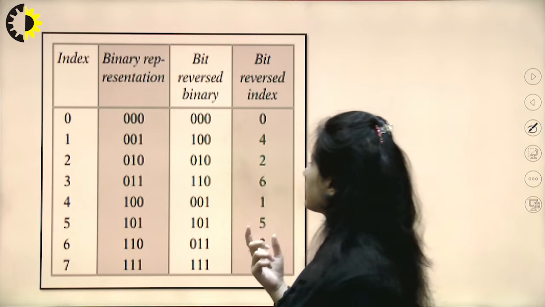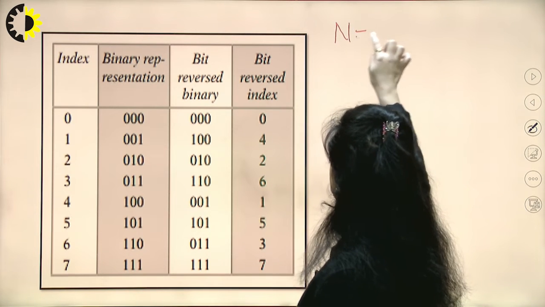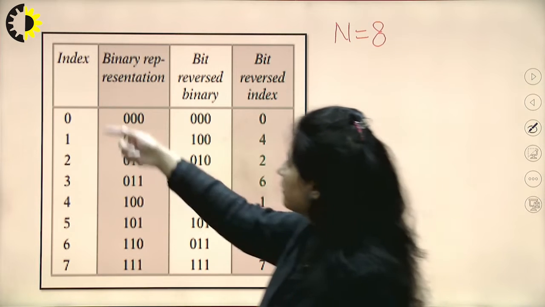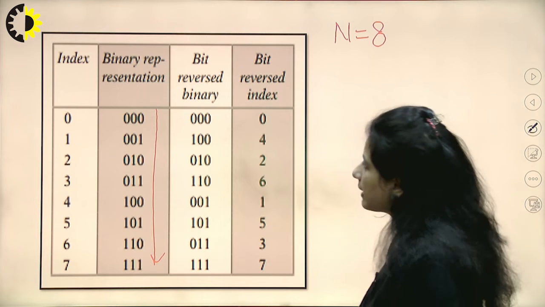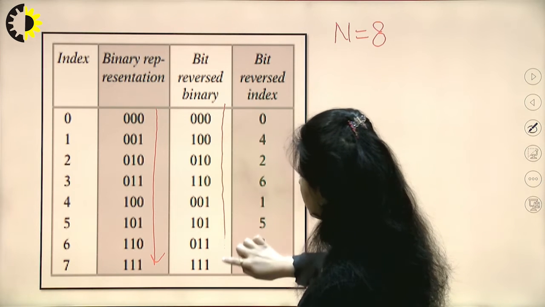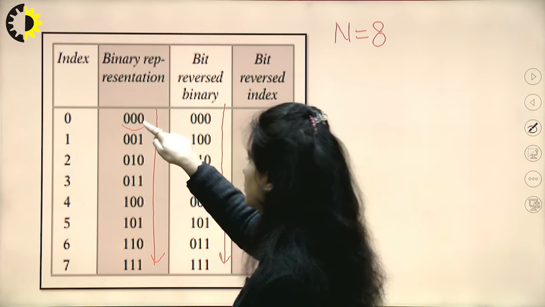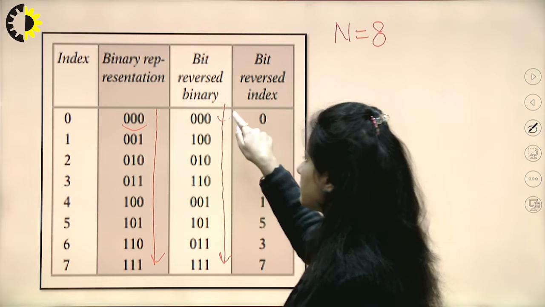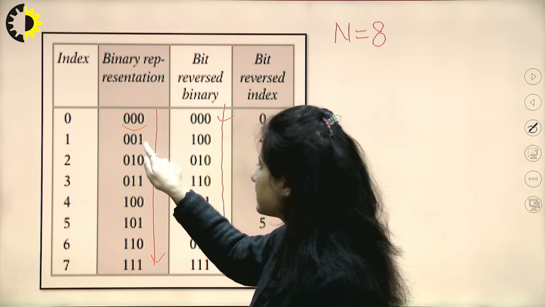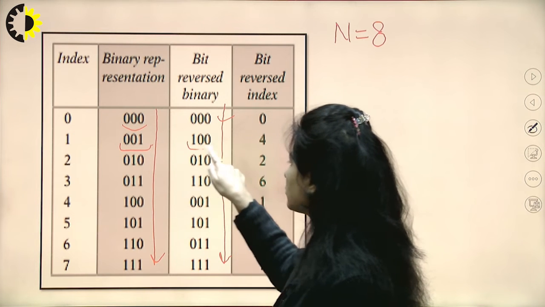Looking at a few examples, if I'm talking about an 8-point DFT, these are the binary indices which I am using, and these are the corresponding bit reverse indices for every one. If it is 0, 0, 0 and I swap the LSB and MSB, the pattern remains the same. For 0, 0, 1, if I swap 0 and 1, this becomes 1, 0, 0.